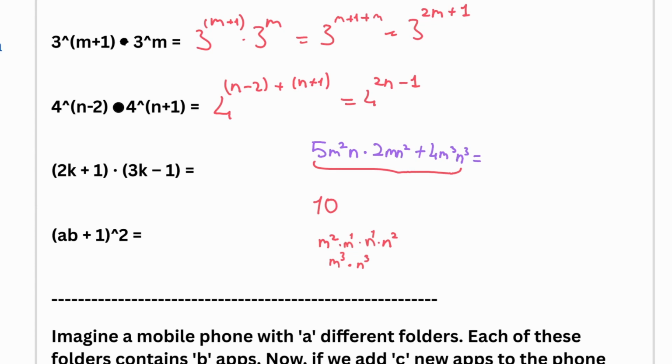Because they're both different variables with different bases. So we're just going to write it as m cubed n cubed. We also had plus 4, so we're just going to write that as well, plus 4m cubed n cubed. So the answer would be 14m cubed n cubed.